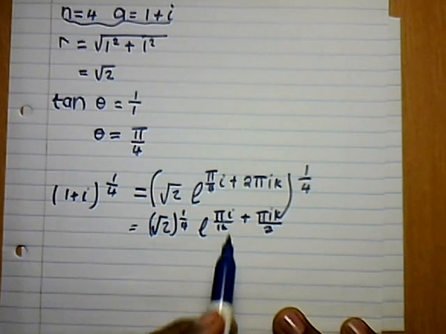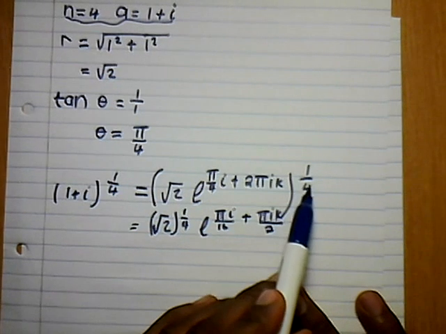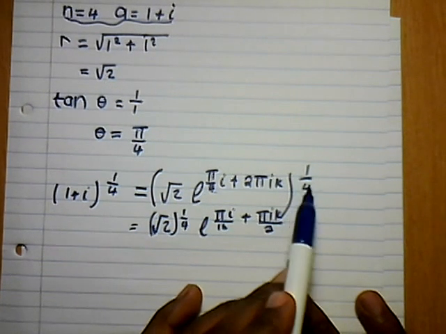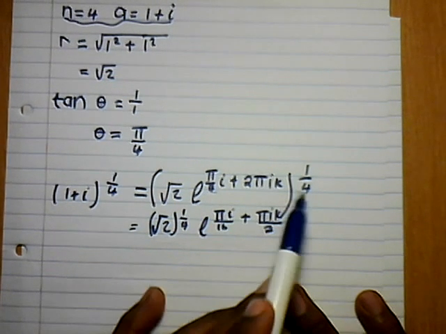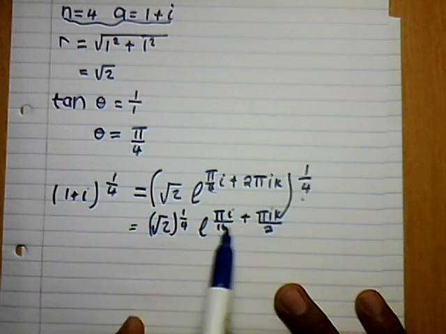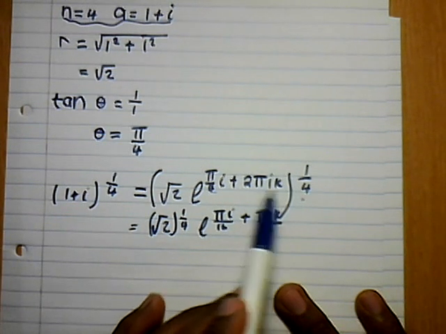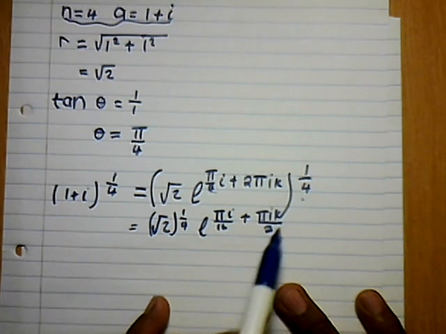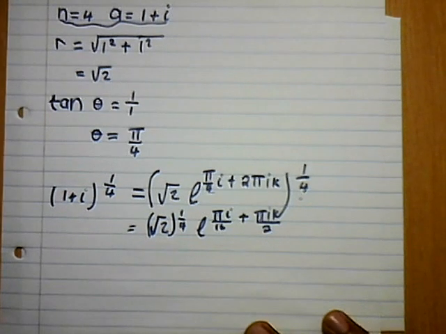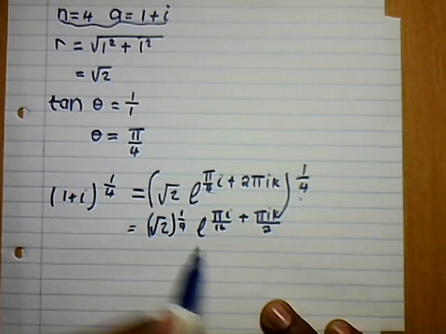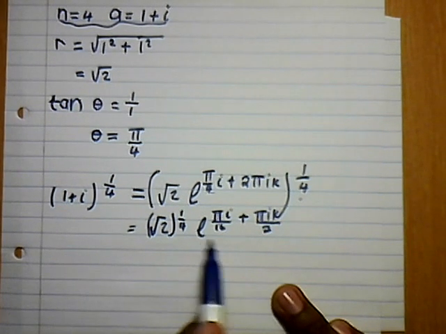I hope you do not get lost here, because I'm just multiplying everything in the bracket by 1/4. 4 multiplied by 4 gives 16, and 2 pi I k divided by 4 gives pi I k over 2. We cannot go any further beyond this.